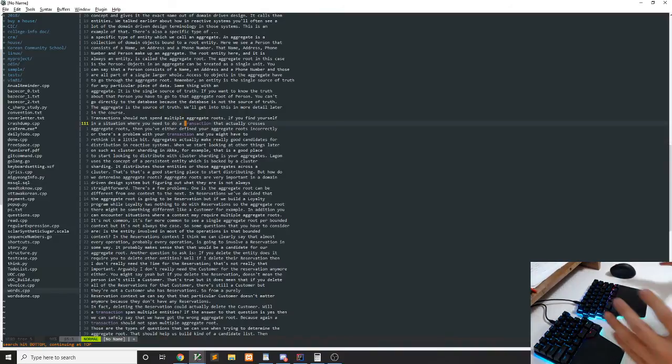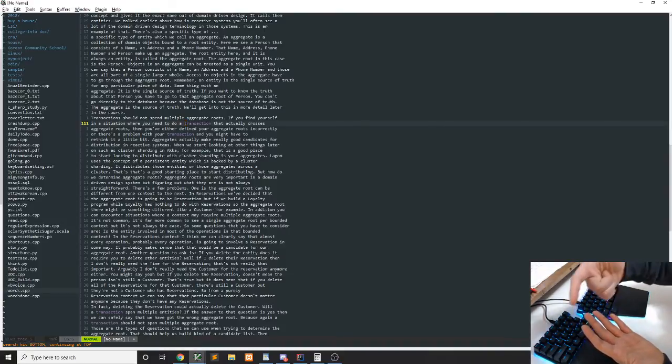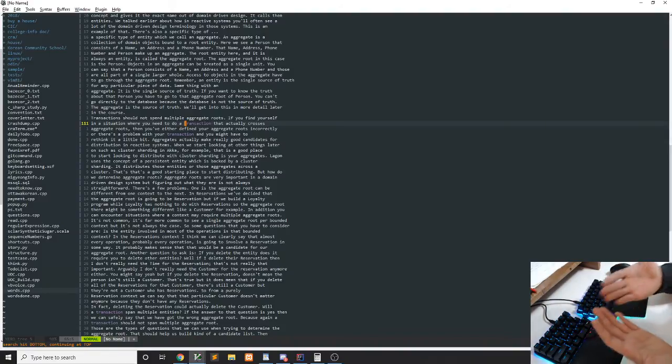So if there is one domain and we are dealing with one entity, and it is an aggregate root, it means that all the entities that we need to act on with something need to pass through the aggregate root. That's what the aggregate root means.